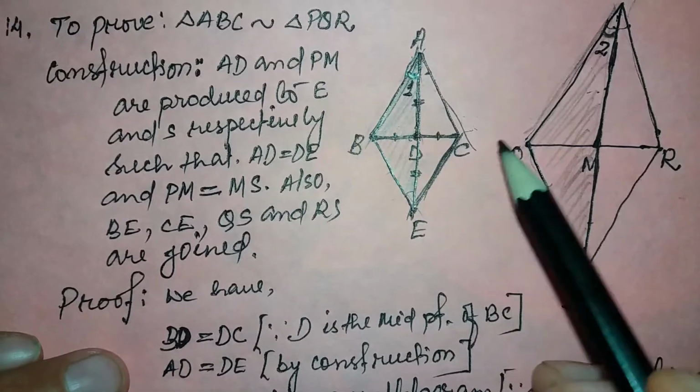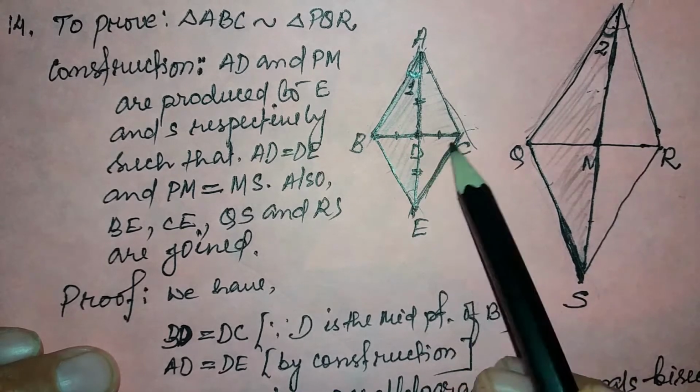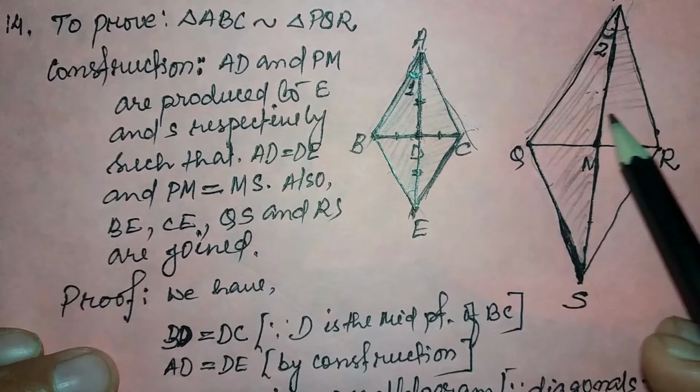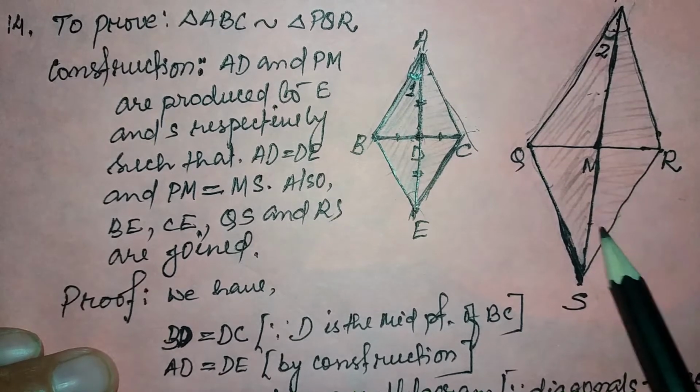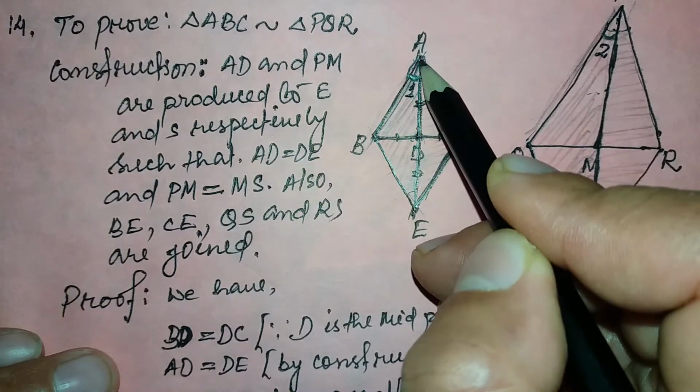And similarly we can prove that this triangle ACE, the right side triangle here, and triangle PRS are similar.